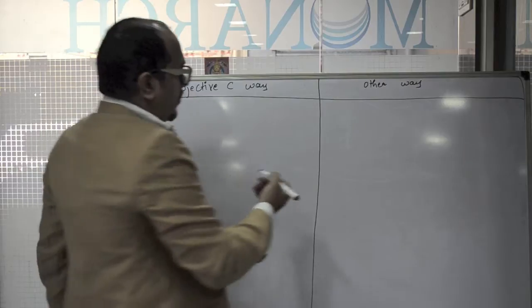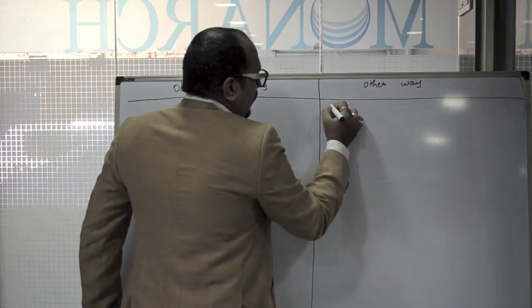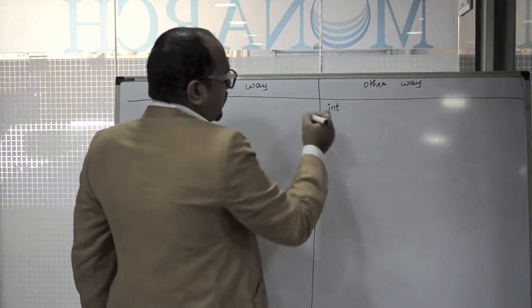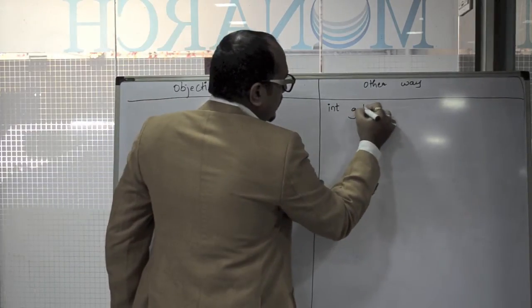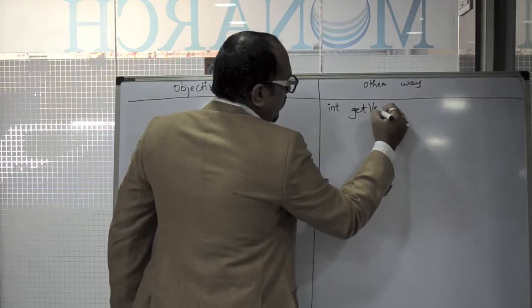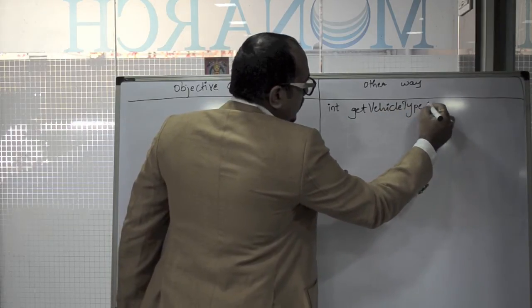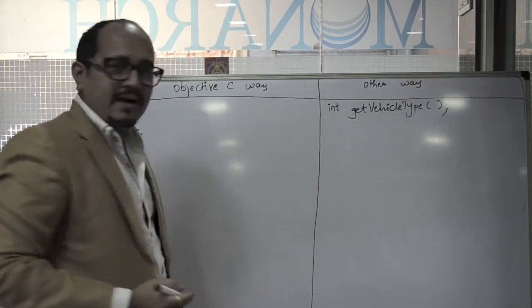How do you declare it? In other languages like C++ or Java, I would have declared int getVehicleType. This is the way I would declare a method.